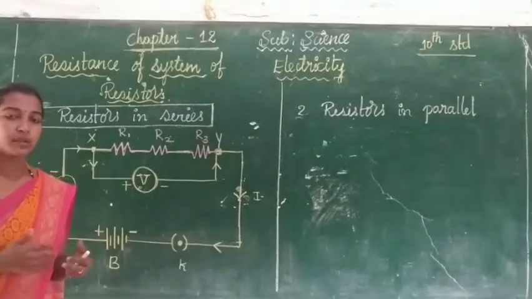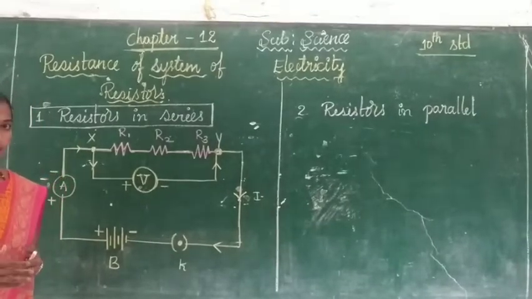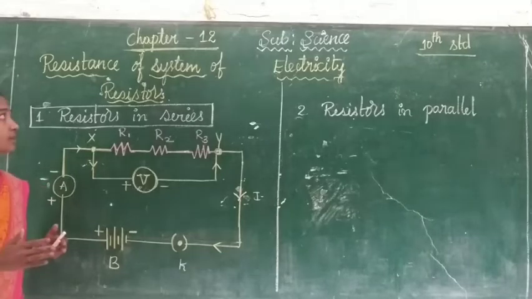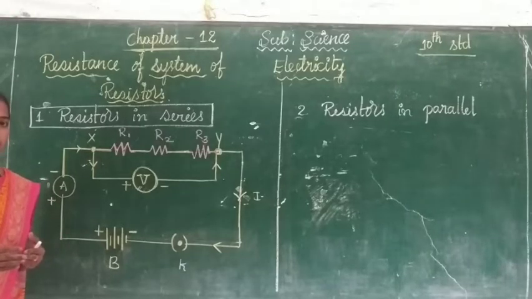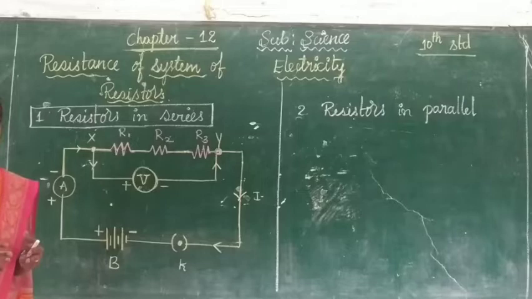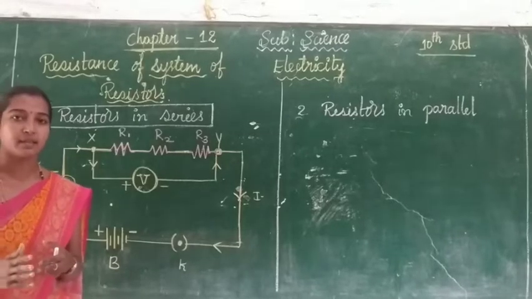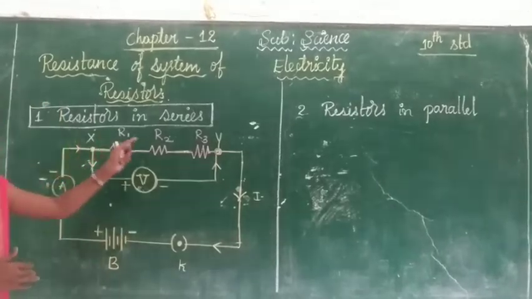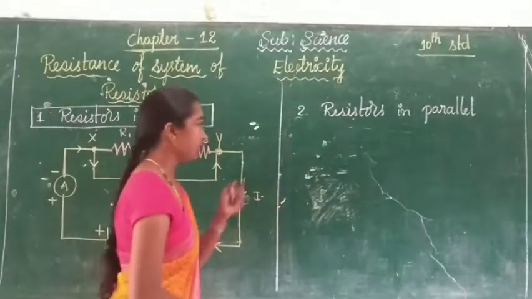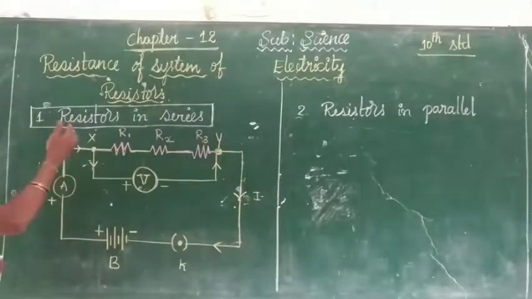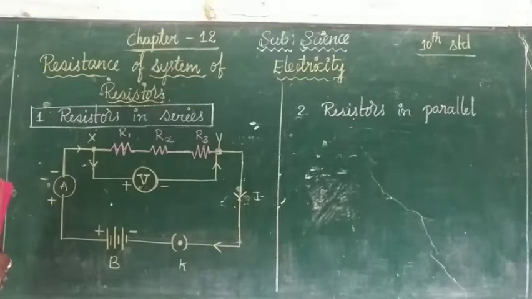Here, the resistance of a system of resistors: the resistors are arranged in two ways. One is in series, another one is in parallel.